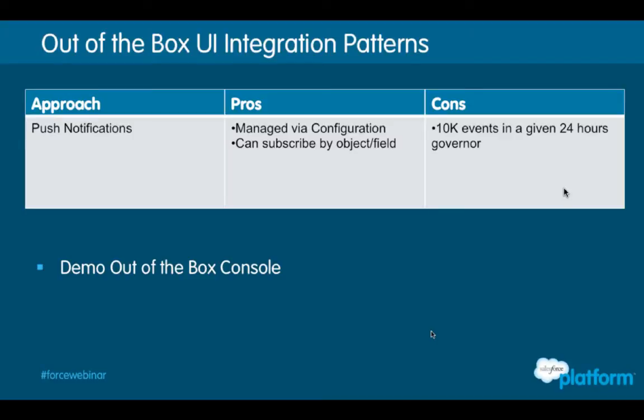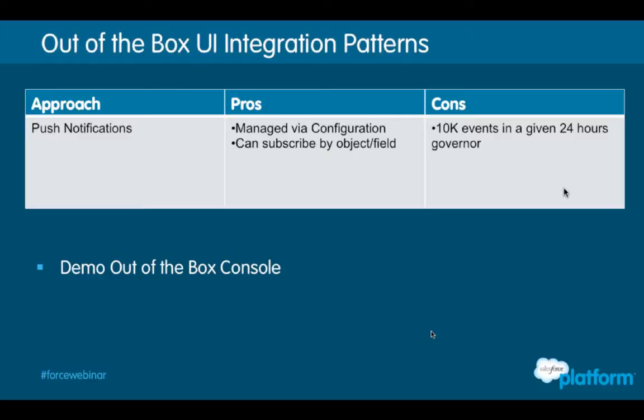So the first integration pattern that we want to touch on is push notifications. This is managed via configuration. What this allows you to do is to subscribe to a specific update to a field on a given object. A drawback of push notifications is that you're limited to 10,000 events during a given 24-hour period.